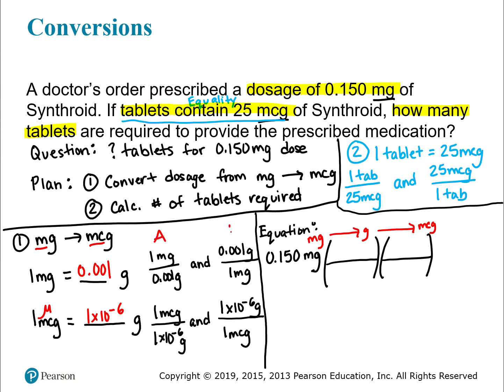This is the A column and the B column. To go from milligrams to grams, which one of my conversion factors do I need? A or B? Now, which one do I need to convert from grams to micrograms?